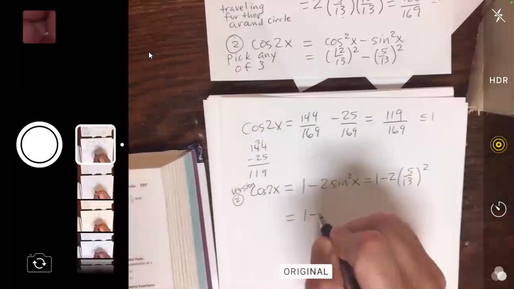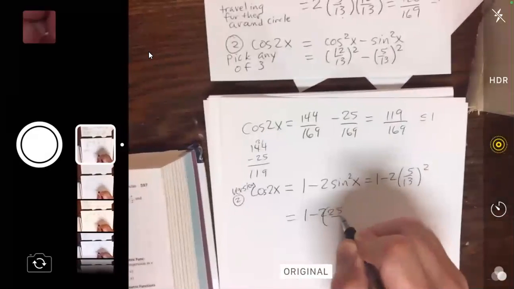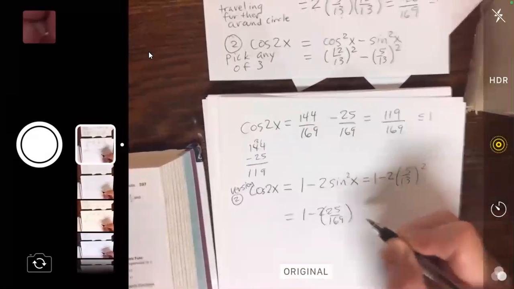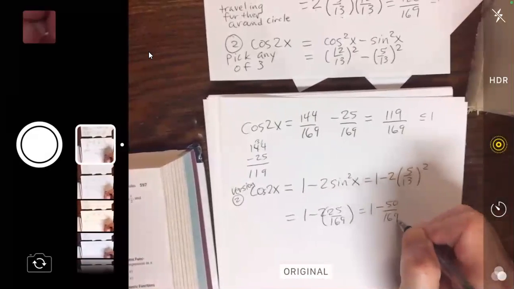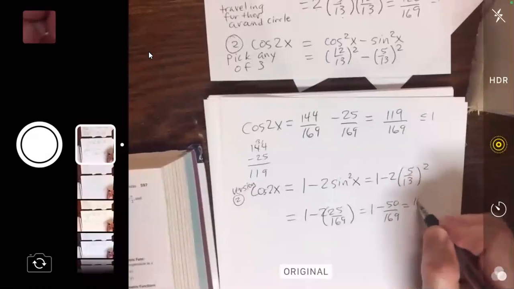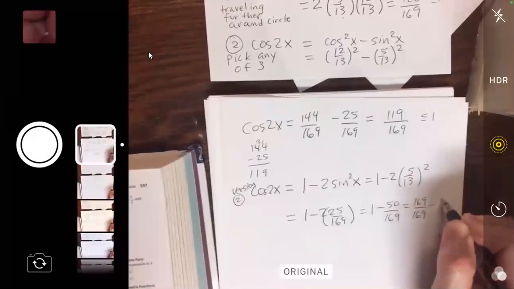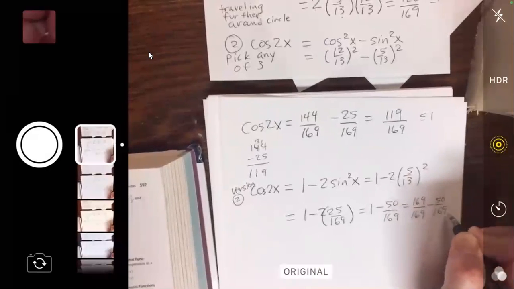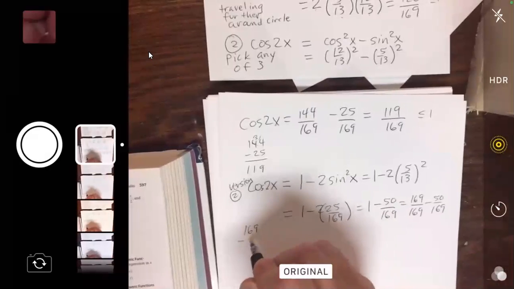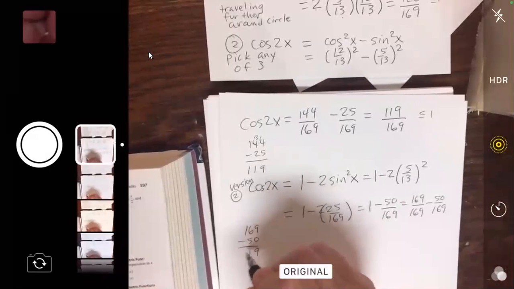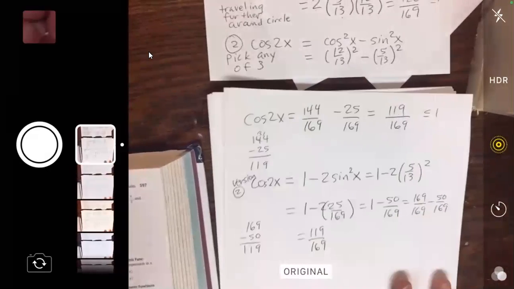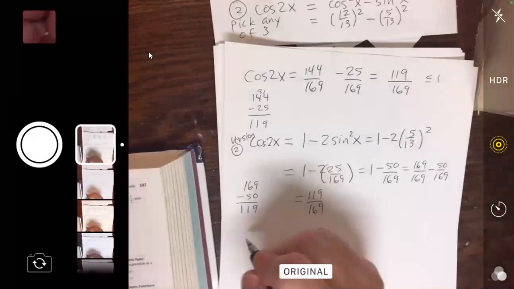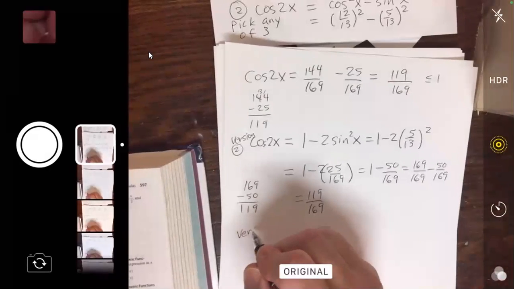So then you're at 1 minus 2 times 25 over 169, which means you're at 1 minus 50 over 169, which means you're at 169 over 169 minus 50 over 169. If that doesn't come up 119, I'll quit on the spot. So 169 minus 50 is 119 over 169.